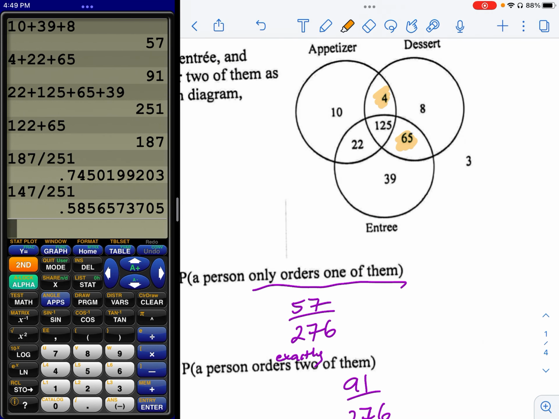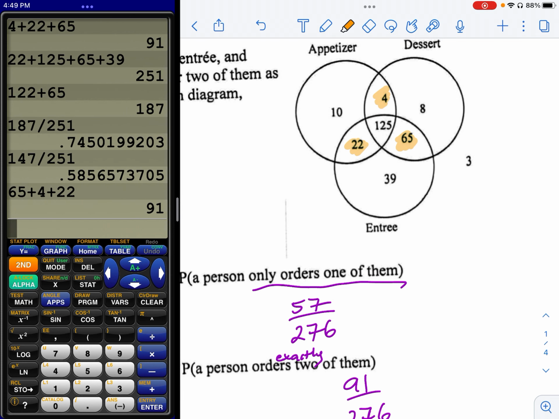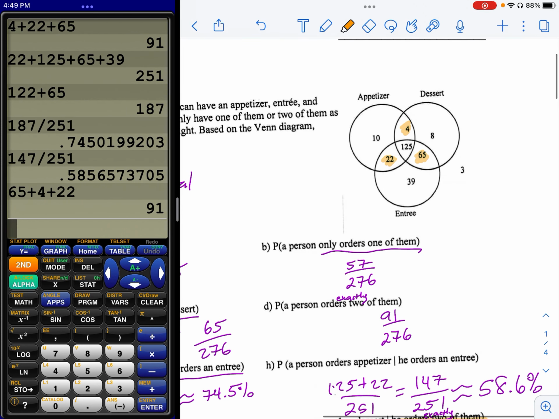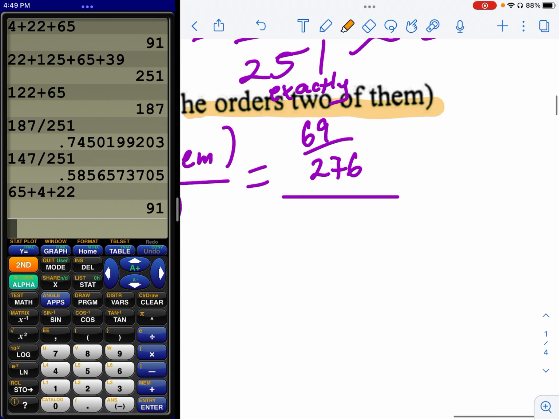I would simply add into my highlighted coloring these: 65 plus 4 plus 22. 91 of the people ordered two of them. And that's 91 out of 276. The 276s go away again, and my answer is 69 over 91.